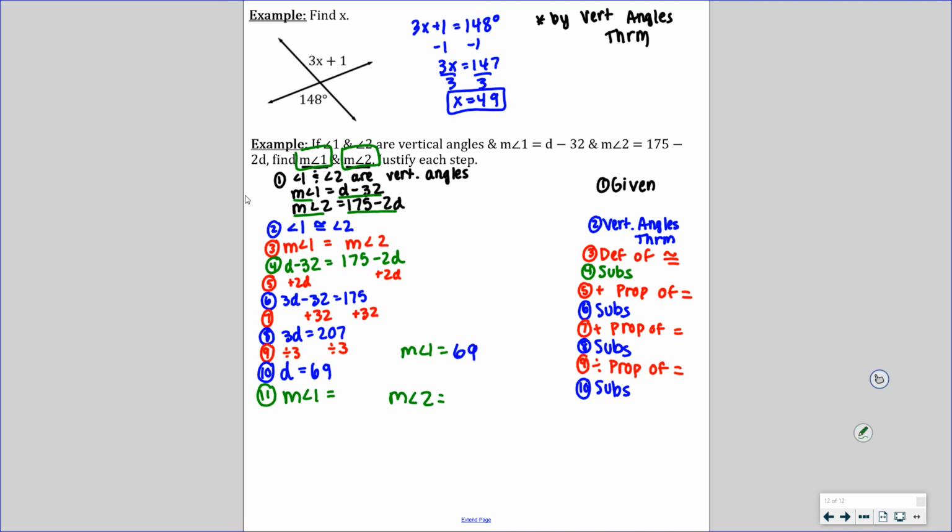So we get 37 degrees, which means the measure of angle 2 is going to be what? 37. They're vertical angles. They're congruent. They have the same measure, 37 degrees. And then we can just use subs there because we technically substituted 69 into our equation to get that.